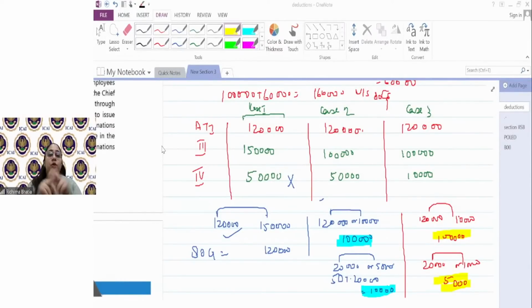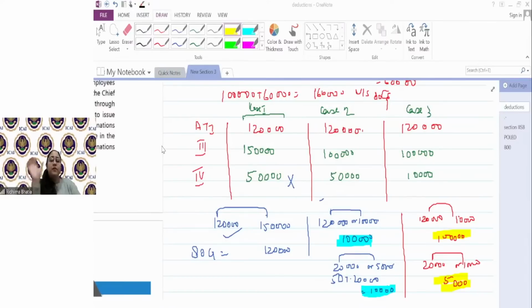So how do you compute the donation? First, you have to categorize your donees in 4 categories. उसके बाद the donation which is made to first category one would be allowed as 100%. Donation made to second category would be allowed as 50% of the donation. कोई qualifying limit, nothing has to be checked. Third and fourth में आके you have to calculate the qualifying limit first.